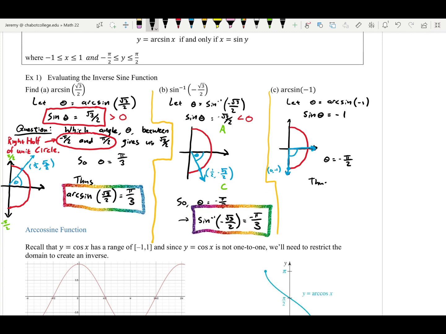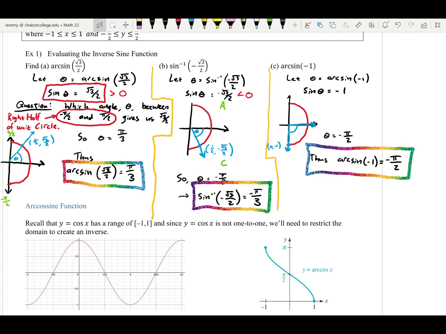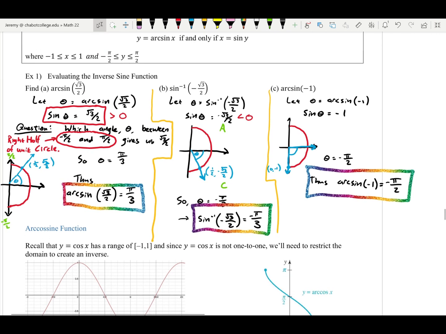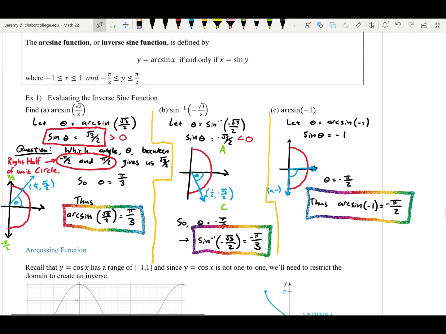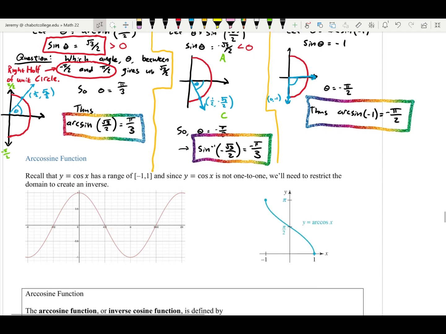Thus, that means that arc sine of negative 1 is going to be equal to that angle we found, negative pi over 2. All right, so that's our procedure for evaluating inverse sine functions at given values. Look to the right half of the unit circle.